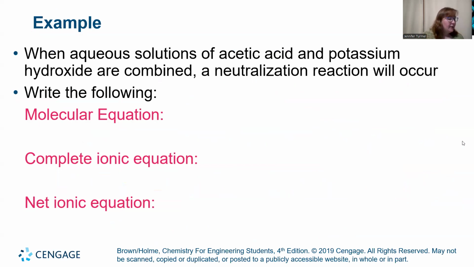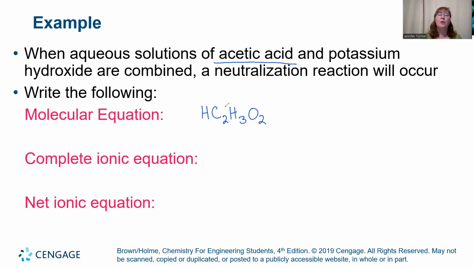Okay, next slide. Now we're going to be looking at combining acetic acid with potassium hydroxide, and this is going to be a neutralization reaction. So let's go ahead and start this. First of all, we have aqueous solutions of acetic acid, which we know from before is HC2H3O2.